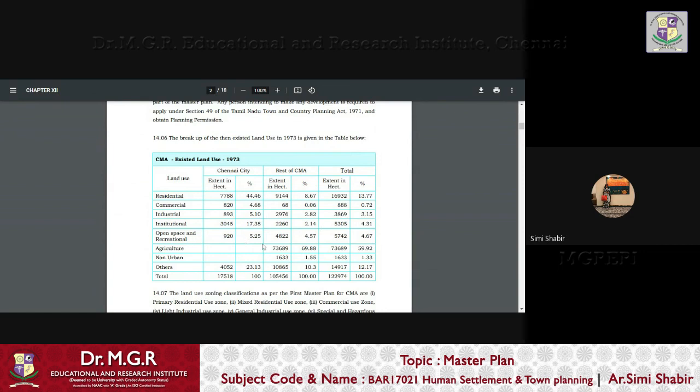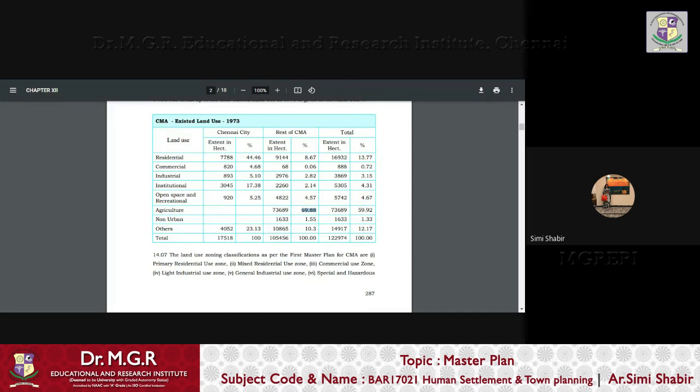Open space, as you see, is almost tallying, 5% and 4.5. Agriculture, as you see, in Chennai city there was no land use segregation for agriculture. In the rest of CMA, you can see almost 70 percent of land was set apart for agriculture. So that is the whole takeaway from this tabular column.